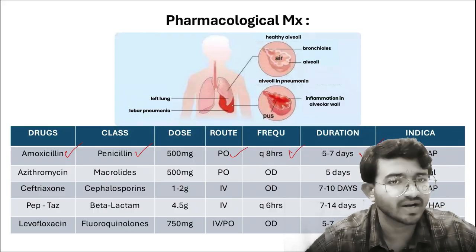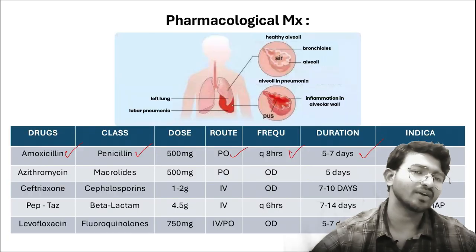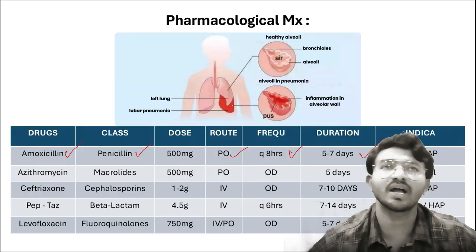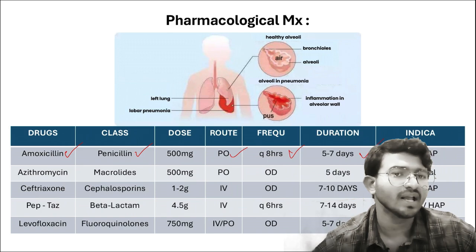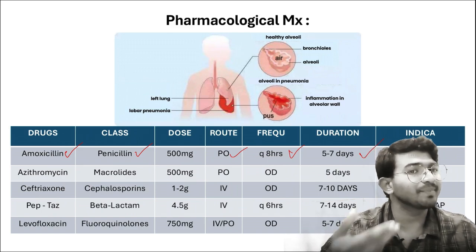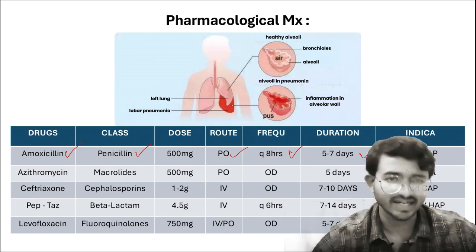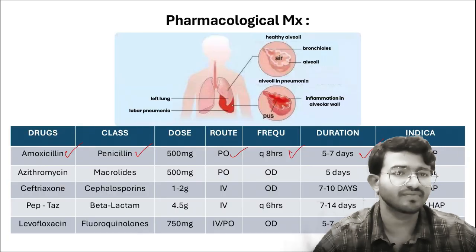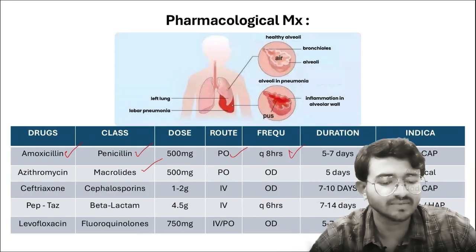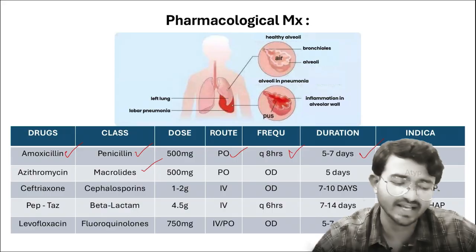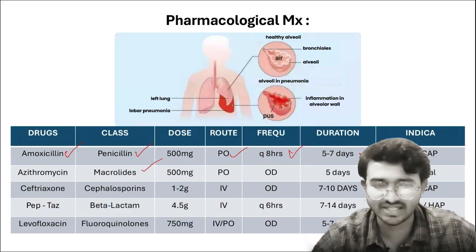Next one, macrolide. Why are we giving a macrolide? We can use azithromycin or doxycycline 100 mg. Azithromycin 500 mg is for covering atypical organisms, like viral or fungal things. So azithromycin, a macrolide, 500 mg PO once daily for 5 days for atypical coverage.